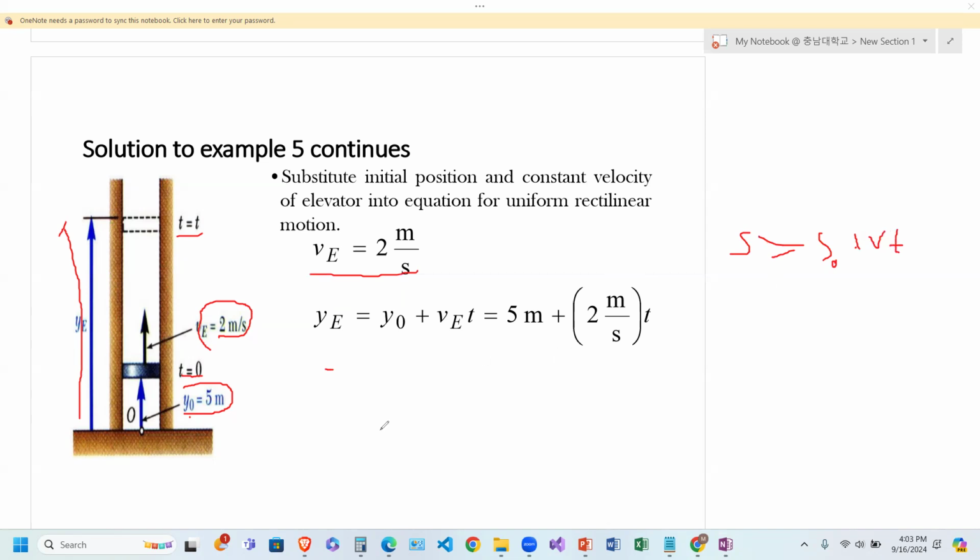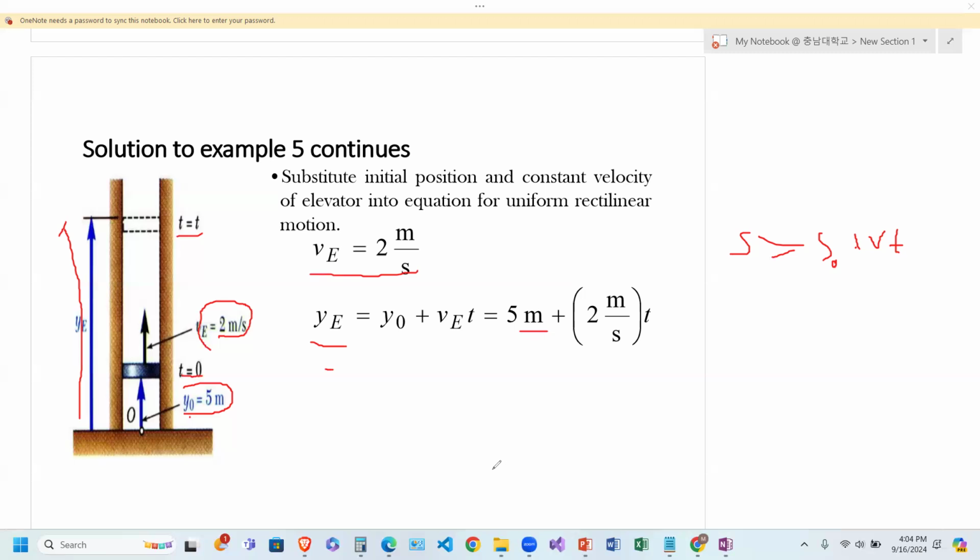At this time, our S is YE, and our y naught was 5 meters. The elevator was moving with a velocity of 2 meters per second. So in a given time, we can find that distance: 5 plus 2t. The meters per second is just units.